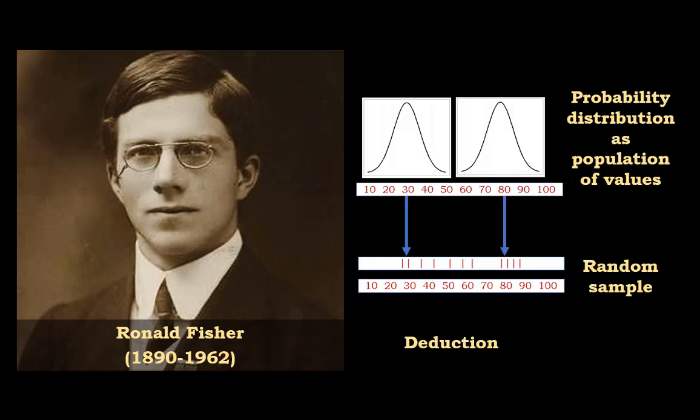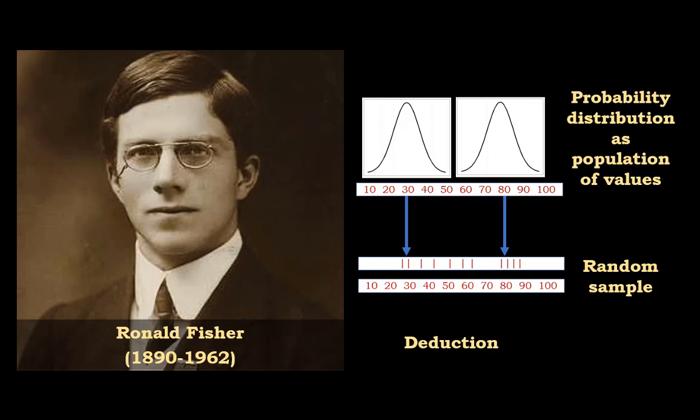So let's illustrate what I was talking about, the process of deduction and the process of induction. Let's say we've got a probability distribution, or two in this case, and the two distributions here are normal distributions. In this one, we've got a normal distribution with a mean of 30, and in this one, a normal distribution with a mean of 80.